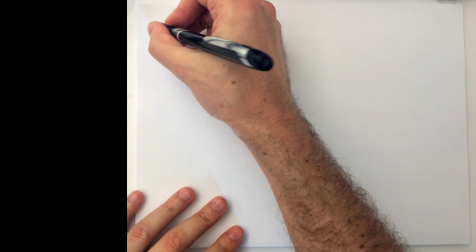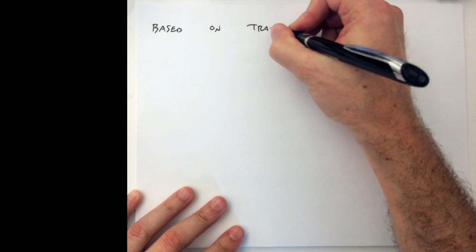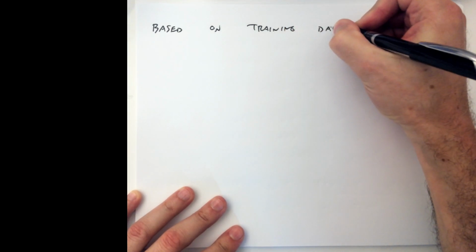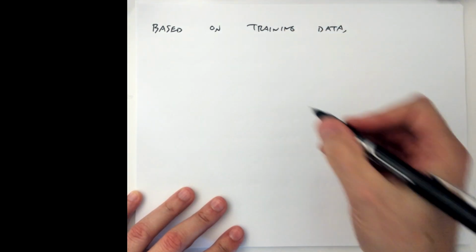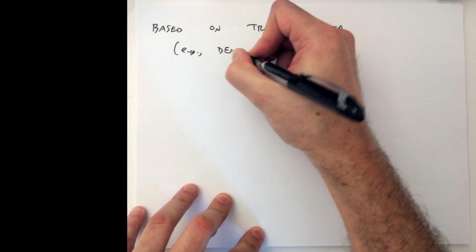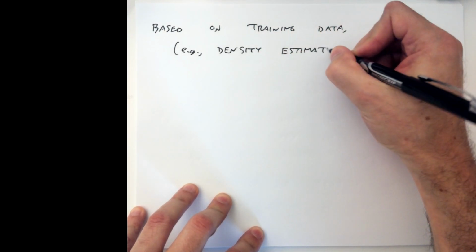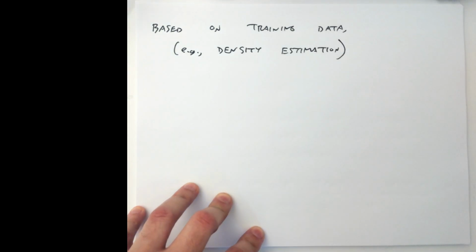The idea is, based on training data, and this is why I started with talking about density estimation, we talked about ways of estimating a Gaussian or multivariate Gaussian.